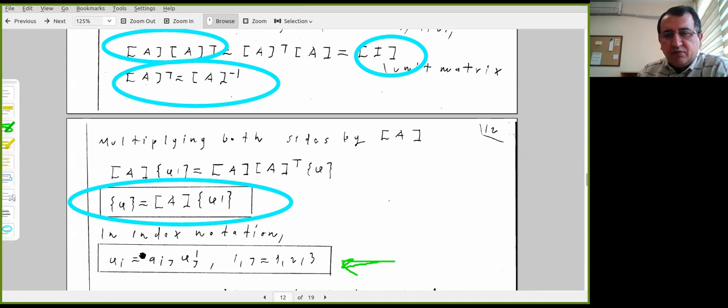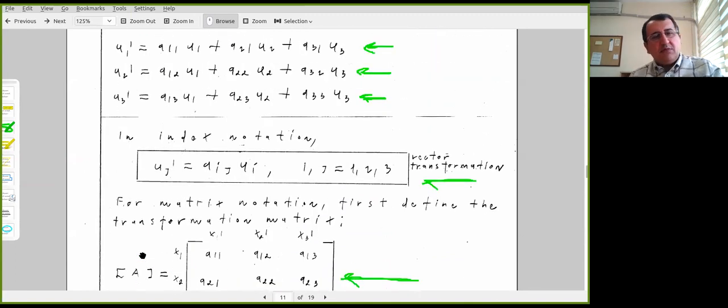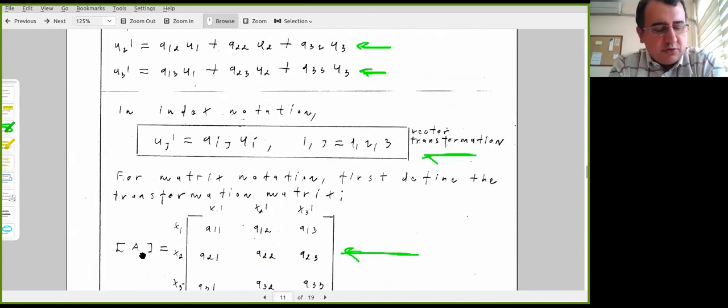Another way of expressing vector transformation. These are the transformation formulas in summary for first order tensors or vectors. They are derived by considering elements from statics, and they are known, and you can apply them to carry out coordinate transformation for first order tensors.